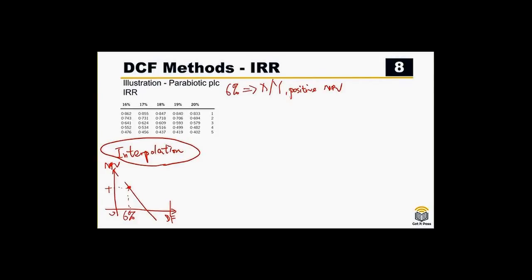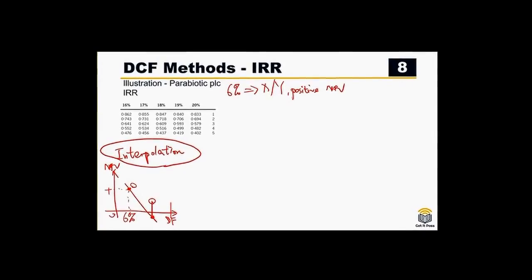So how do we make the NPV negative? We would like to use the line here. We have the positive NPV here, and we would like to use the negative NPV here, maybe here. You can see my drawing here. Then we get one positive and one negative, and we can estimate the IRR.